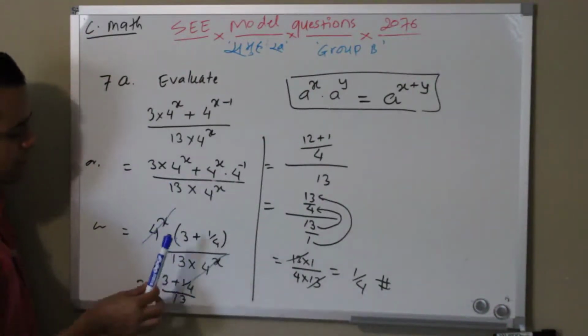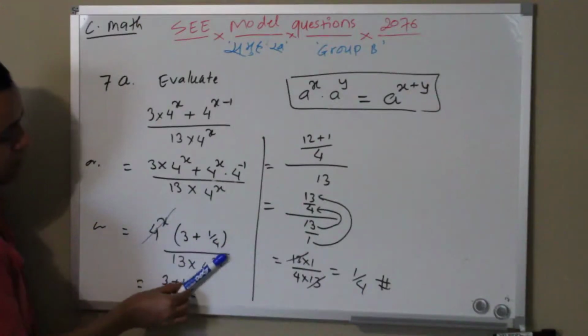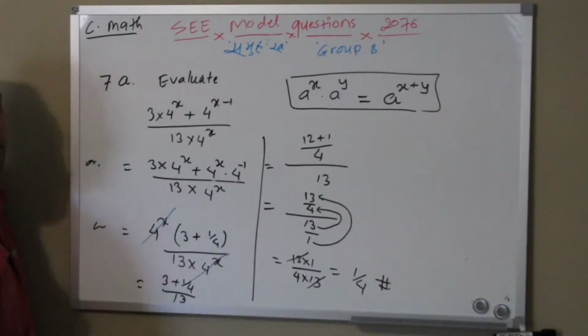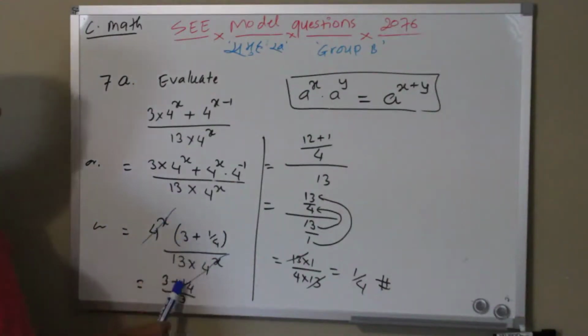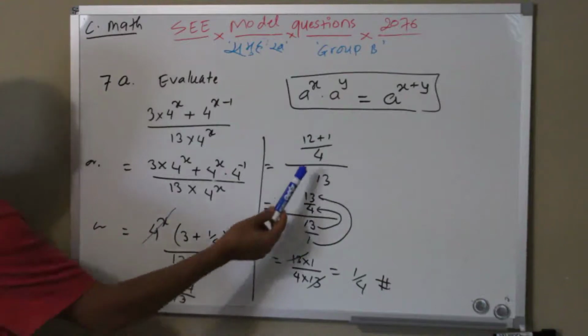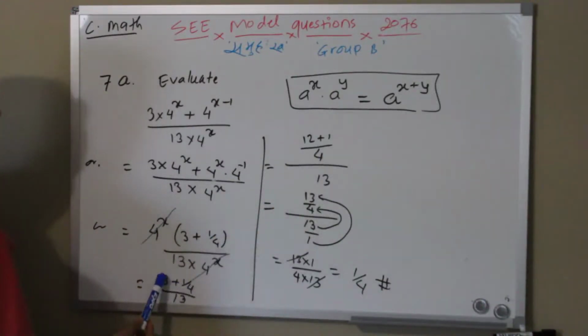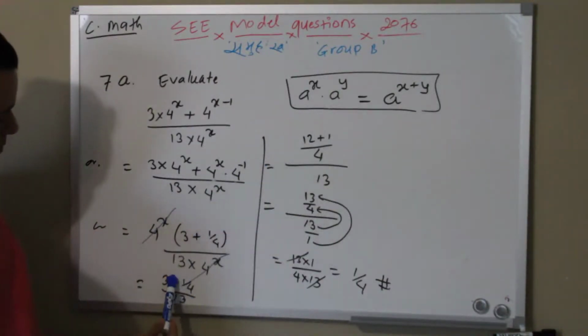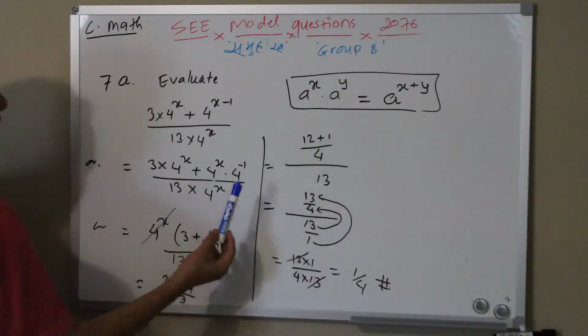Now look at the interesting part, we have a 4 power x, we have a 4 power x, they are the same thing in up and down, so we can cancel them out. So now left over is this, and the bottom is 13. Now take out the LCM in the upper part, I got the 4, 4 times 3 is 12 plus 1 over 4 over 13.